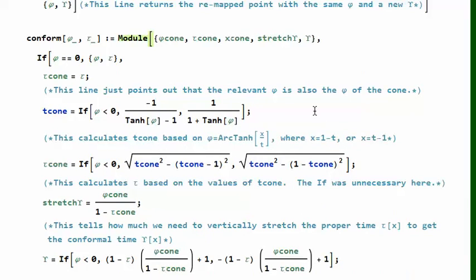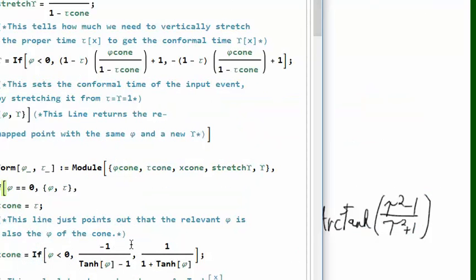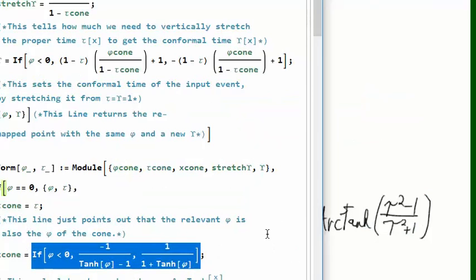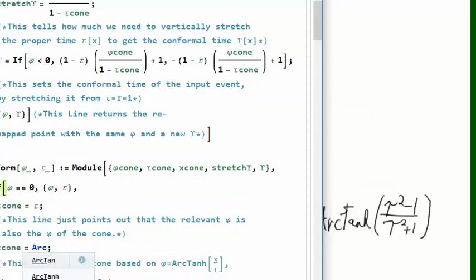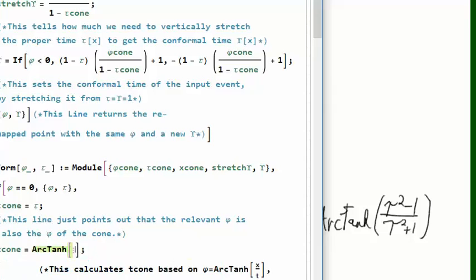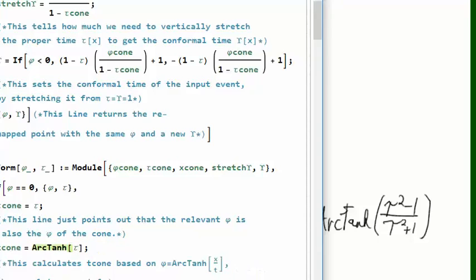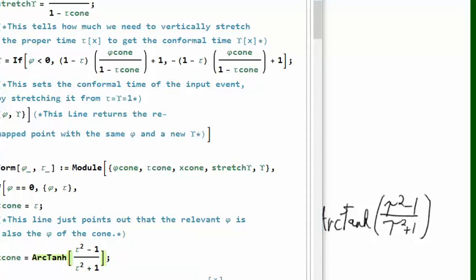I don't know if it really makes any difference whether we look for x-cone or t-cone, but for the sake of it being associated with the horizontal variable, I want x-cone to be used, and it's going to be arctanh of tau squared minus 1 over tau squared plus 1.